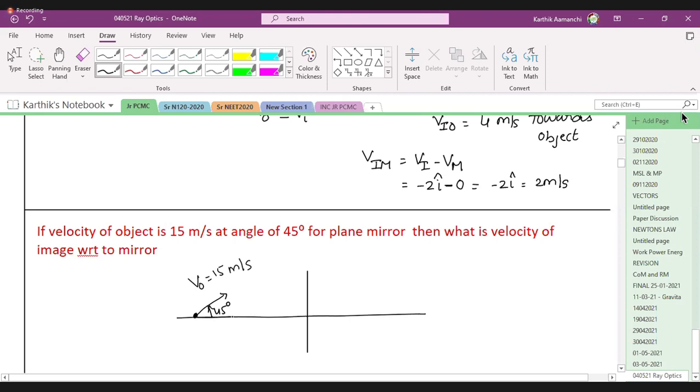So the velocity which is coming towards your mirror is V cos theta, so this is 15 by root 2 meters per second, the velocity the mirror will take. Hence, the image should also come with a speed of minus 15 by root 2 meters per second. Right?